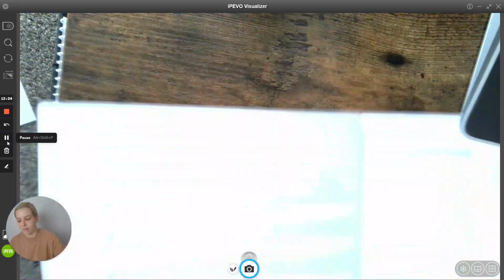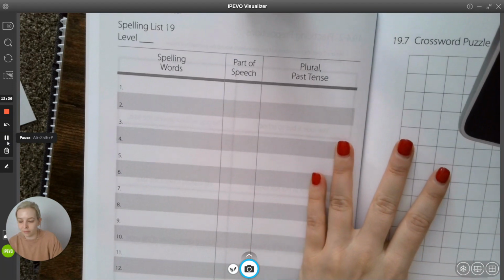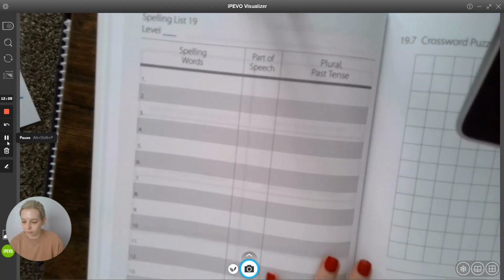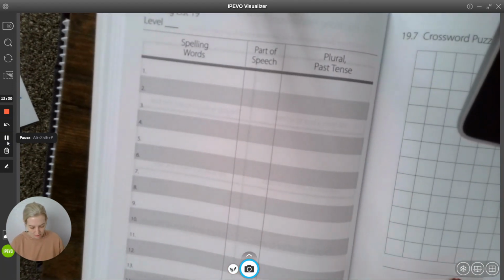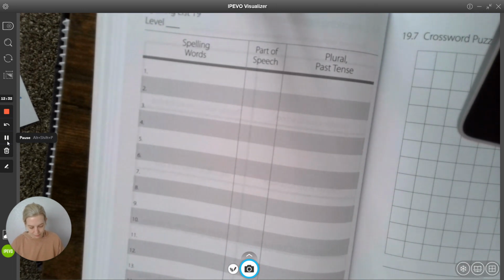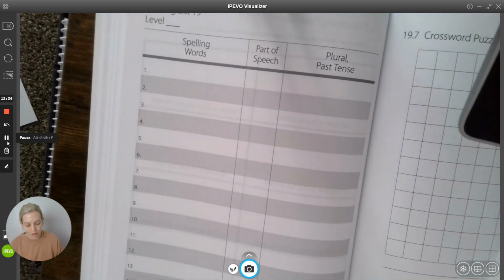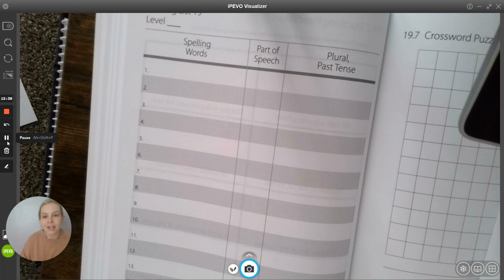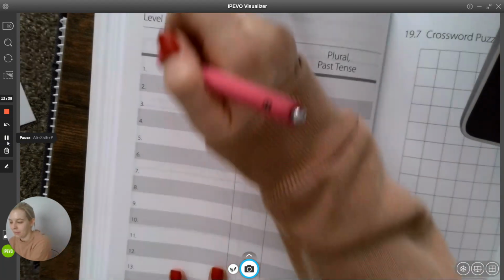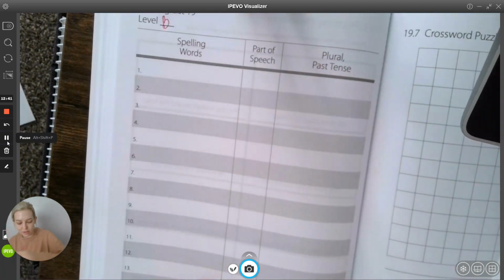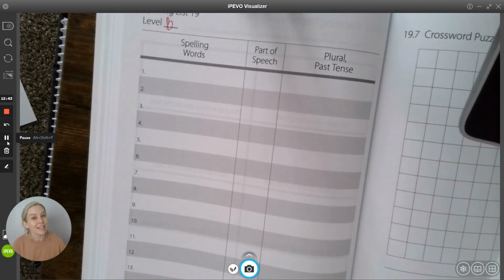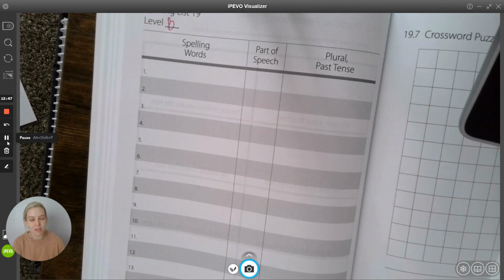Here we are, page 98. Okay. Our first word is neighbor. Neighbor. We have a very friendly neighbor. We have two syllables in the word neighbor.